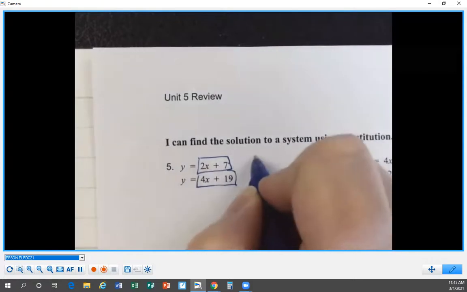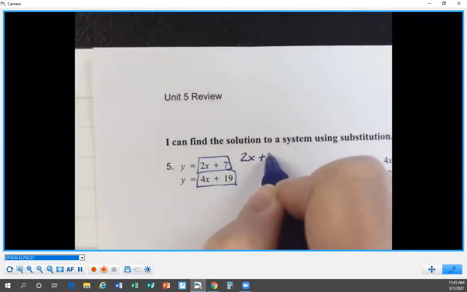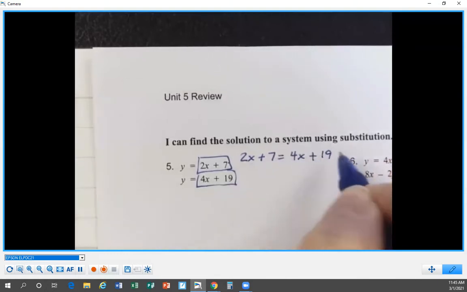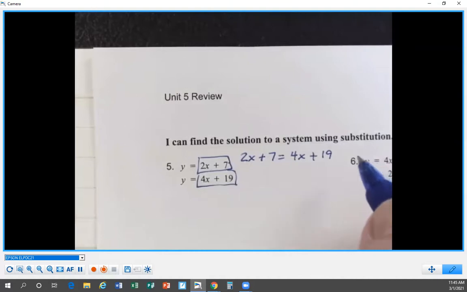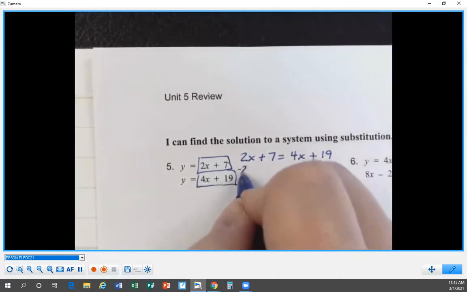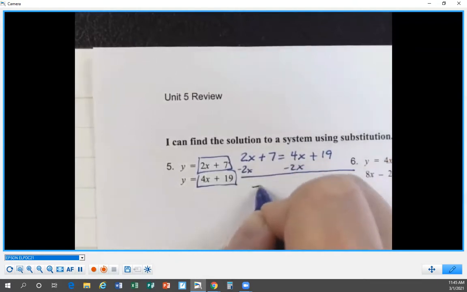So we can write this equation: 2x plus 7 is equal to 4x plus 19. Then I'm going to subtract 2x from each side to get our x's on the same side.